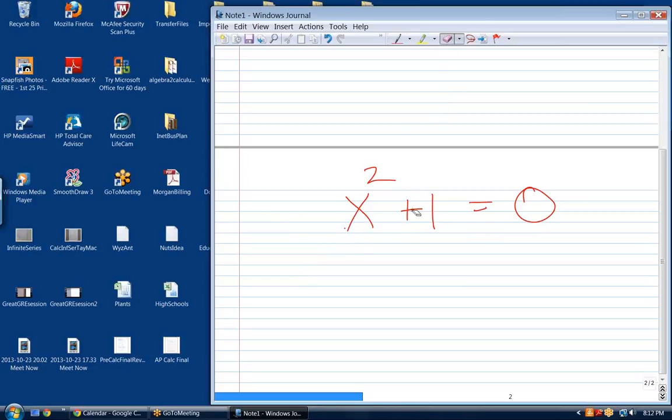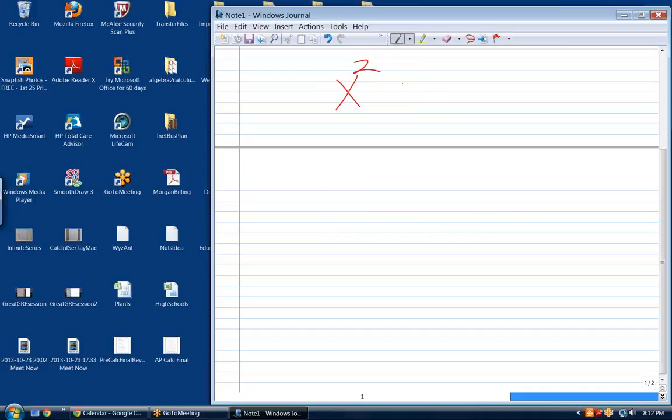Also, if you have a quadratic that you have to use the quadratic formula on, do you know the quadratic formula?